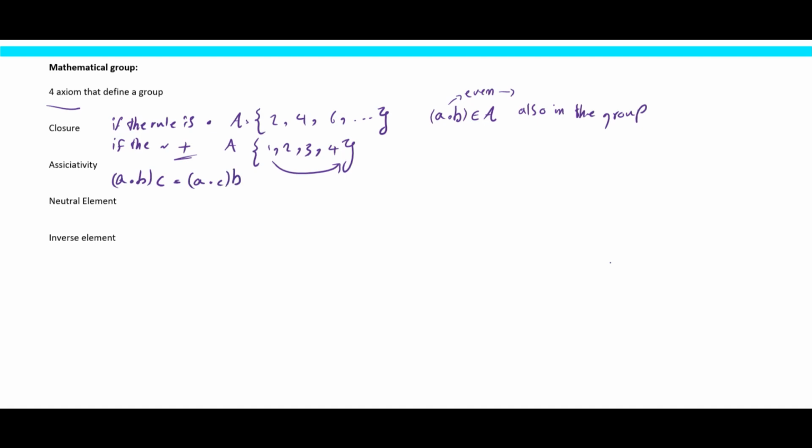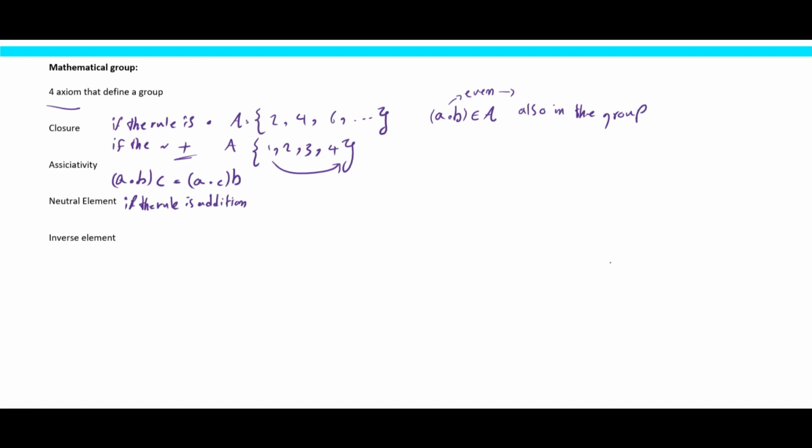Neutral element means actually whatever the rule is. For instance, the rule is addition. If the rule was addition, if you add a number to it or subtract it, it wouldn't change anything.